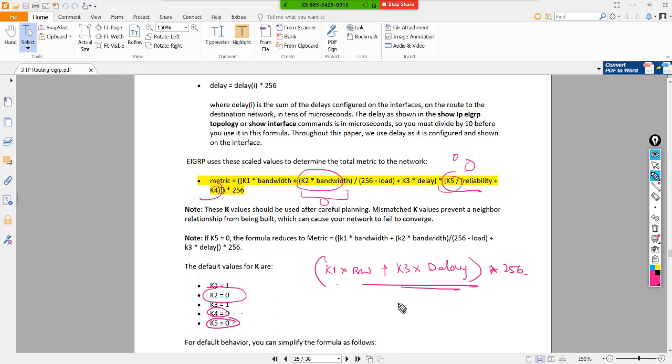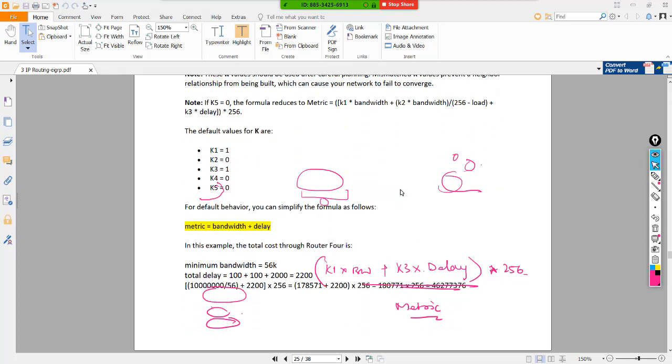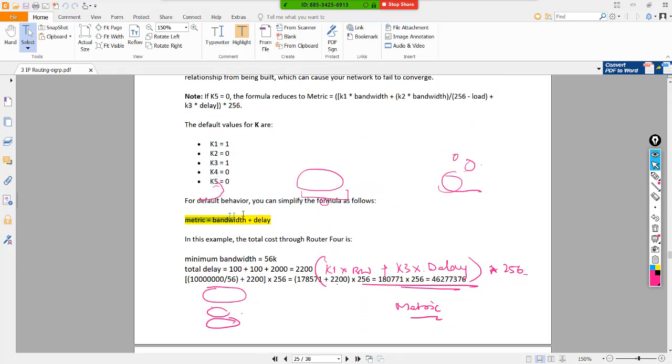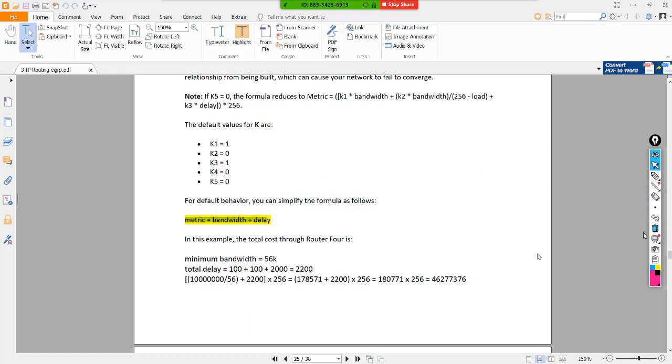Now this is the simplified formula for EIGRP. If I just cross verify, let's check that. You can see this metric equals bandwidth plus delay. That is, k1 into bandwidth plus k3 into delay. Yes, we can change this k1 value. That is why this k is with us. We can tune these k values.